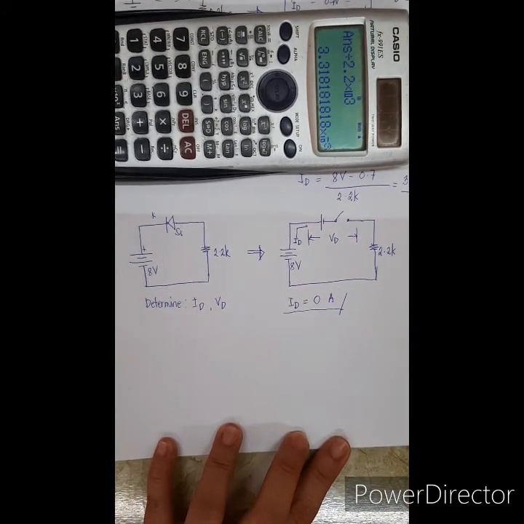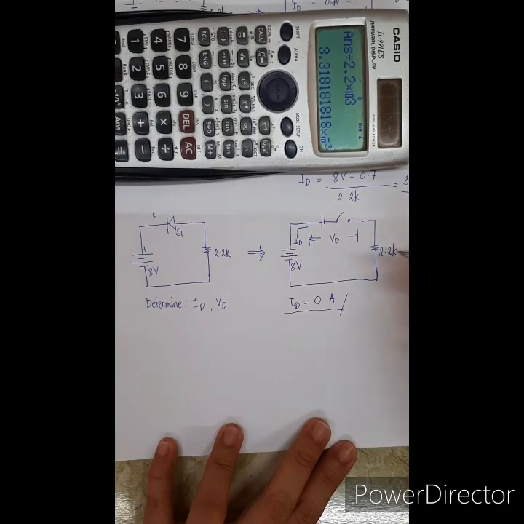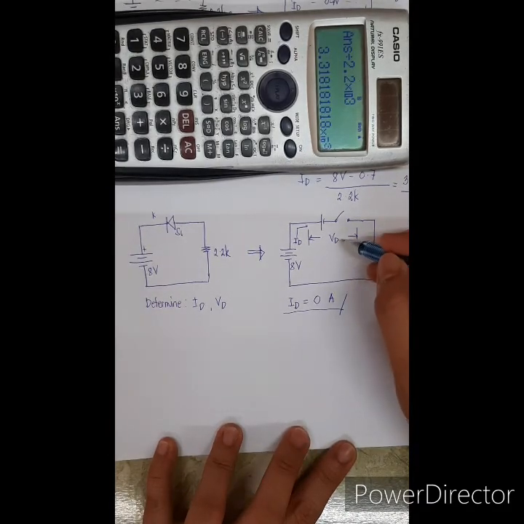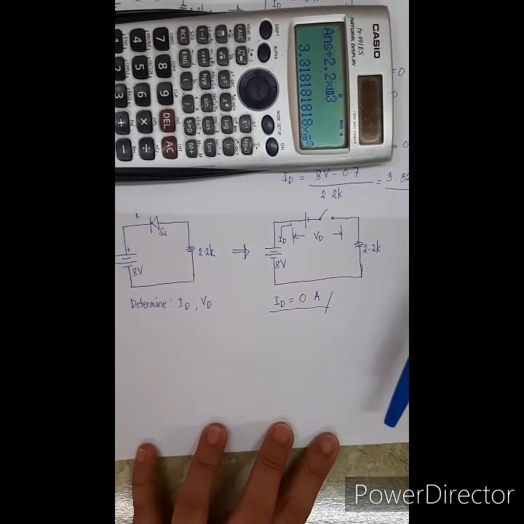Okay? The current flowing when it is in an open circuit, it is always equivalent to 0. But finding for VD, doon naman magkakaroon ng value.